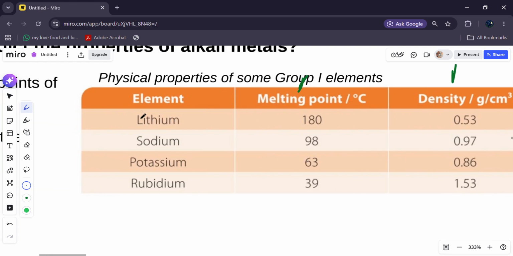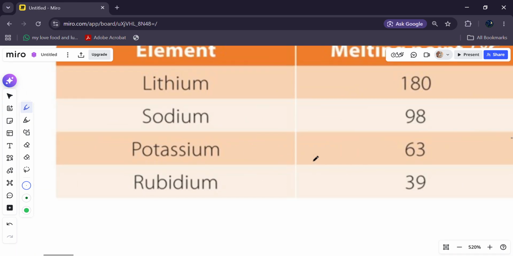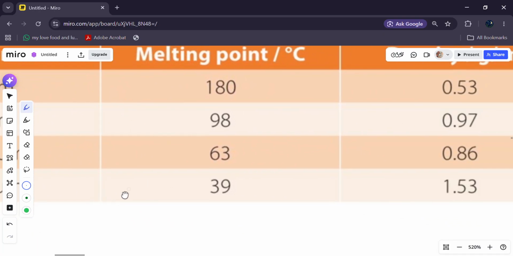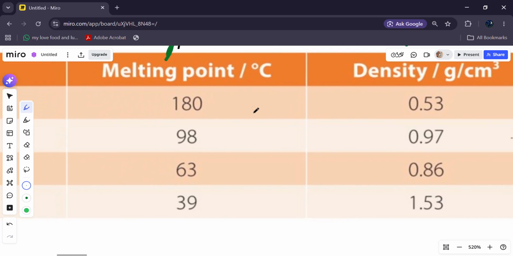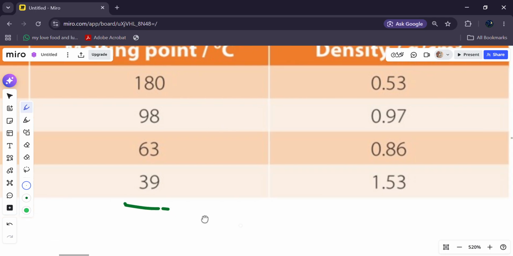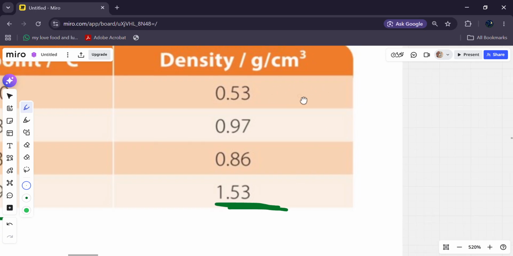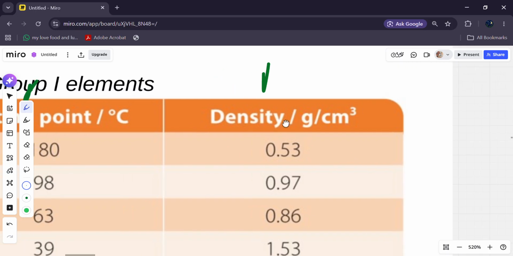But as we go down group 1, as you can see, rubidium has a melting point of 39 degrees Celsius, which is much less than the lithium melting point, but it has a much higher density, more than double the density of lithium.